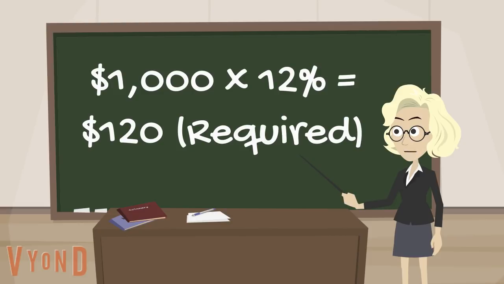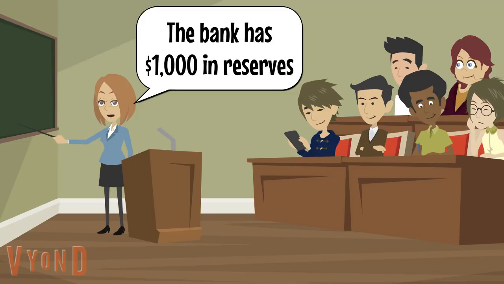Let's think about this. You put $1,000 in. The bank has to keep 12%. That's $120. We called that the required reserves of the bank. It can do something with the rest of it. The bank has $1,000 in reserves. Those are its actual reserves. You put in $1,000 in cash. It has $1,000 in cash sitting there in its vault.